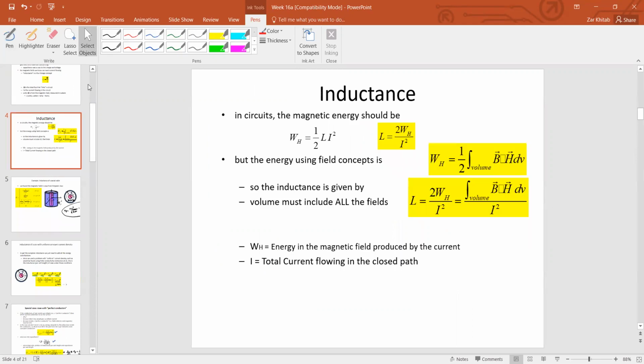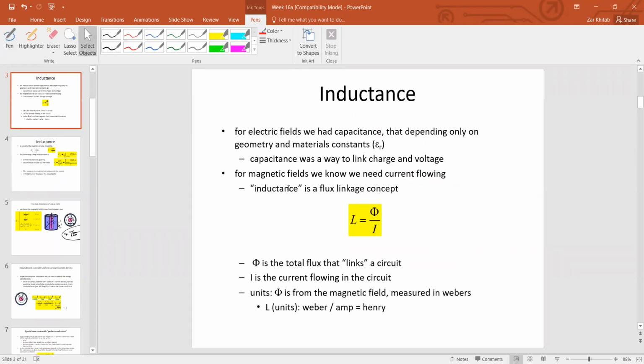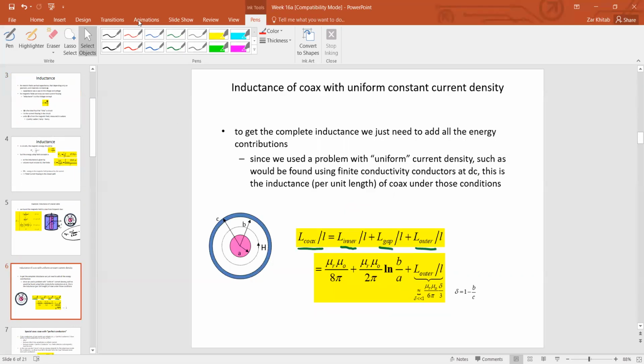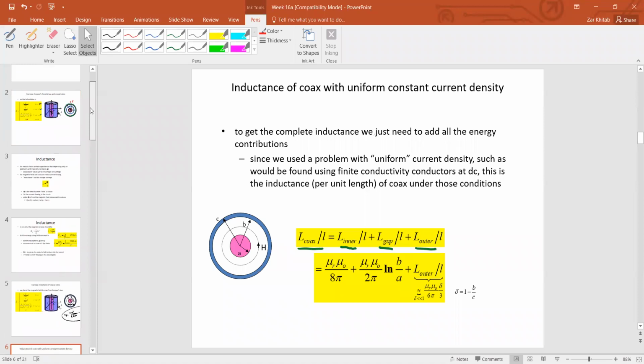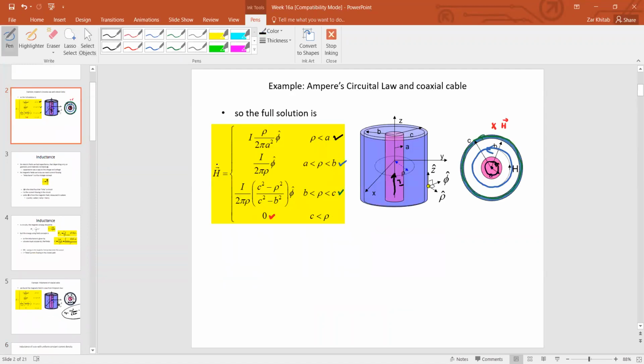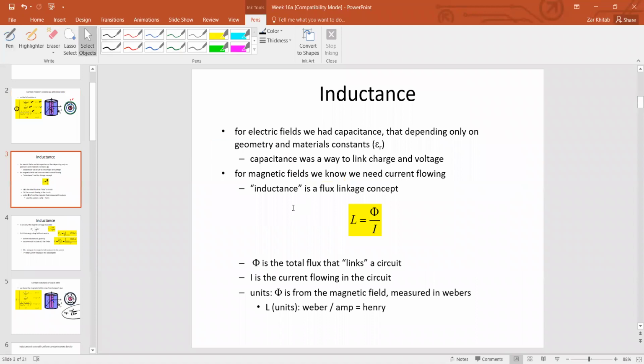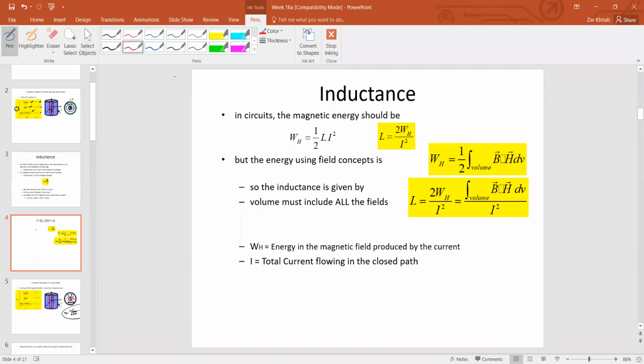Till calculating the total inductance, I'll suggest for a while, if you know the magnetic field intensity of the coaxial cable inside the inner conductor, inside the gap, and inside the outer conductor, and if you know how to calculate inductance out of the magnetic field, I guess that will be enough for you.